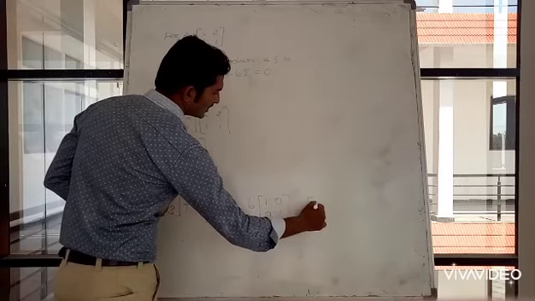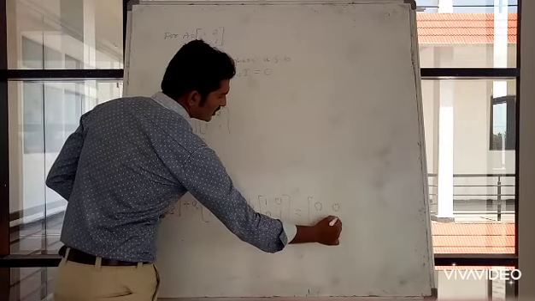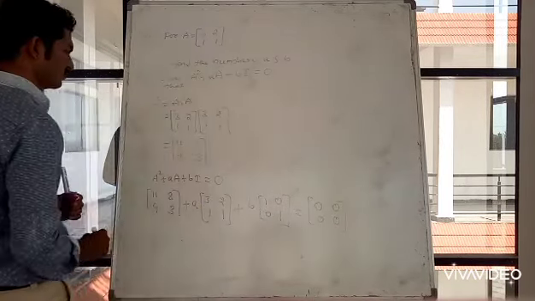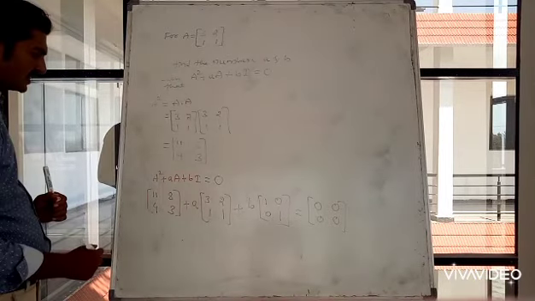Right hand side is 0, 0, 0, 0. Simplification.